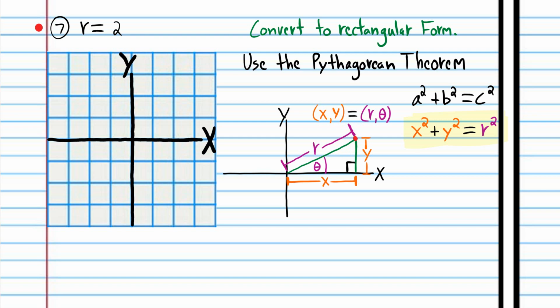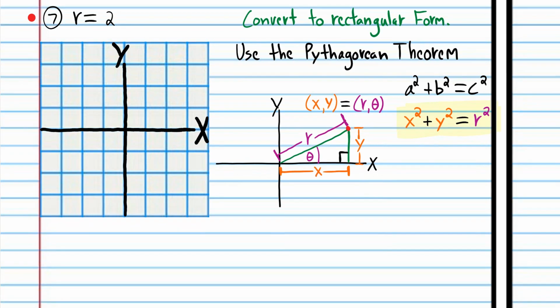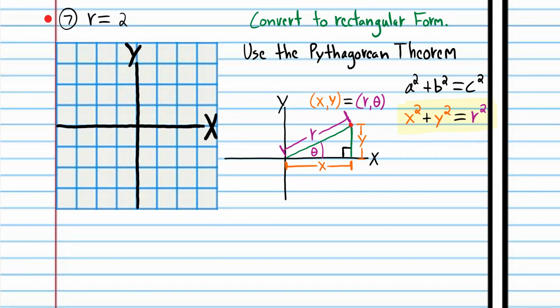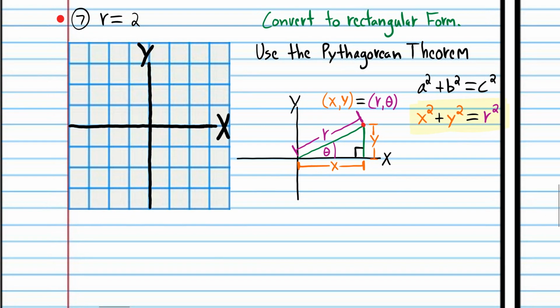X and y are the legs of the right triangle, and theta is just the acute angle. Well, it doesn't have to be acute, but in this case it's the acute angle. It's the angle in standard position inside that right triangle. So what that means is we can use the Pythagorean theorem to give us a relation between x, y, and r.